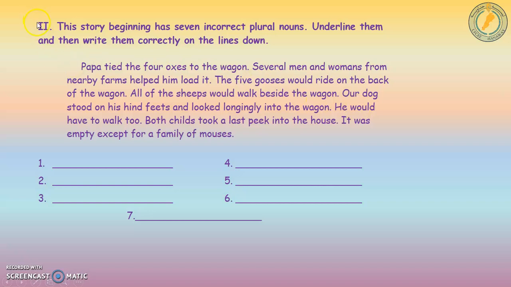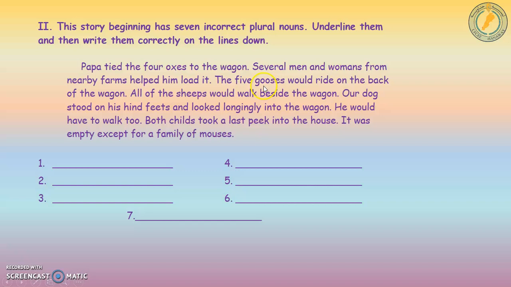Exercise 2. This story beginning has seven incorrect plural nouns. Underline them and then write them correctly on the lines down. I'm gonna read it first, then we're gonna pick up the mistakes. Papa tied the four oxes to the wagon. Several men and women from nearby farms helped him load it.